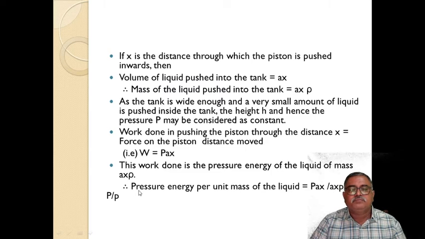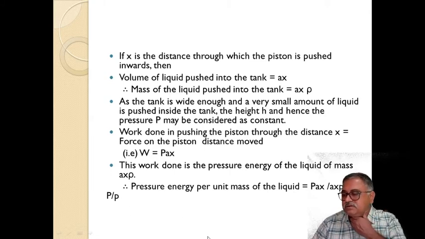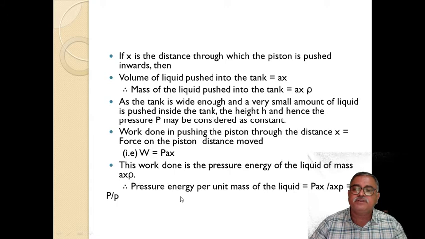For calculating the pressure energy per unit mass of the liquid, it equals P A x divided by A x rho, by which we get P by rho. It is pressure divided by density. This is the pressure energy per unit mass of the liquid.